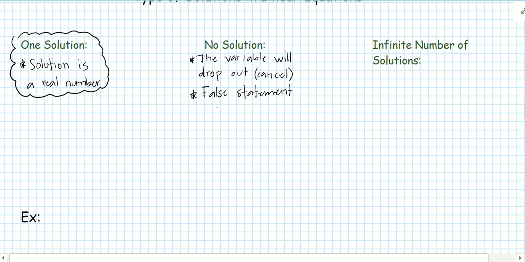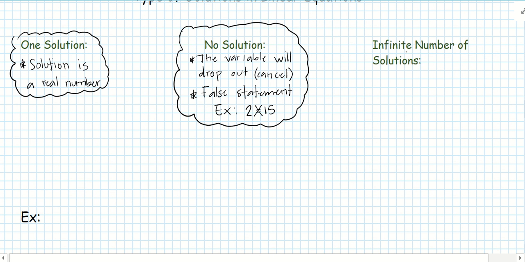So for instance, we're going to have at the end 2 equals 15. Something like this. Let's say you end up with a 2 on the left and a 15 on the right after canceling the variable, right? In that case, this is not a true statement because the number 2 will never be equal to the number 15. So that is an example of when we have no solution, okay?